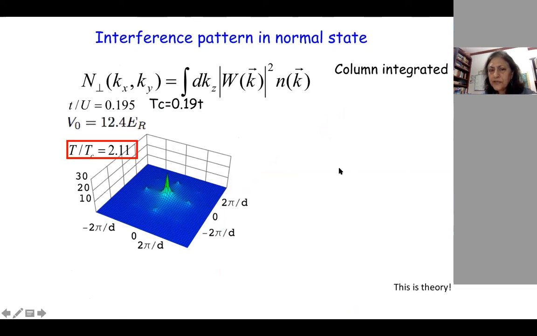So part of the reason we undertook this is that the experimentalists had a kind of wrong notion that whenever they saw sharp peaks like this, they would call it a superfluid.